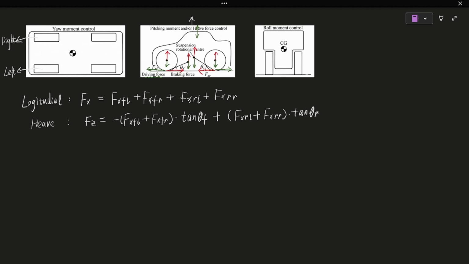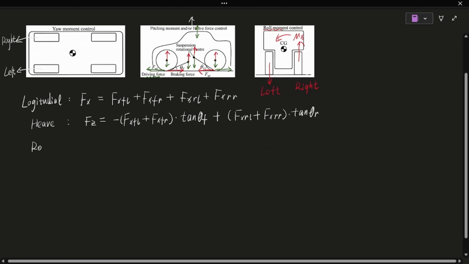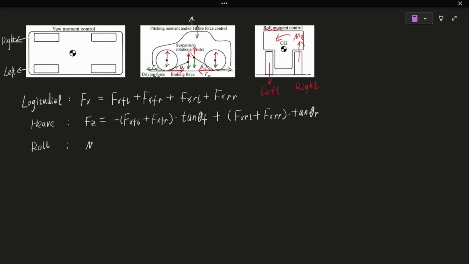Next, let's look at the roll control equation. The vehicle turns right. This creates a roll motion. It requires a downward force on the left side and an upward force on the right side. So, we can express this control equation as Mx equals: left side goes down.